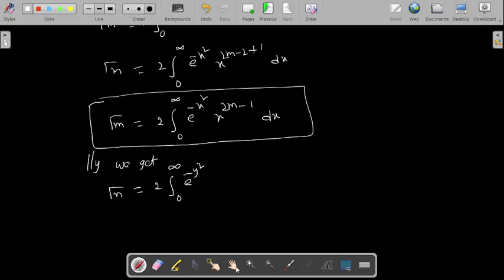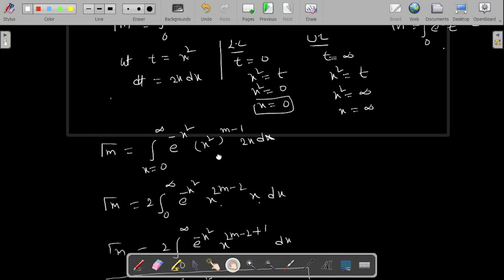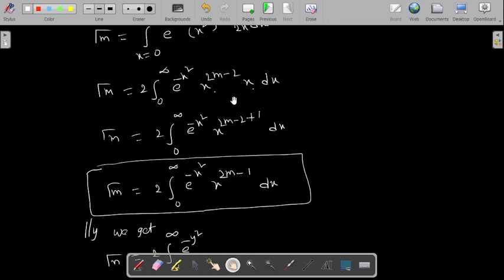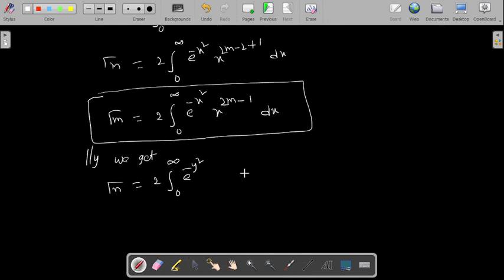Here we took t equal to x square; now take t equal to y square. When you take t equal to y square, we get e power minus y square, y power 2n minus 1 dy.